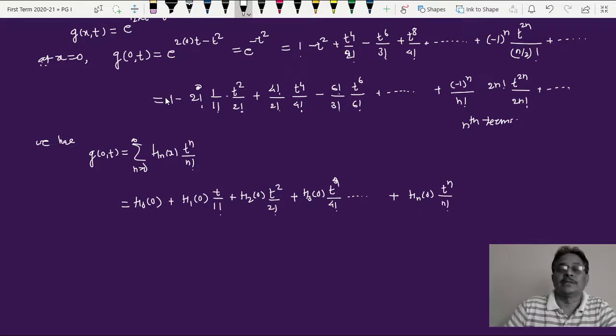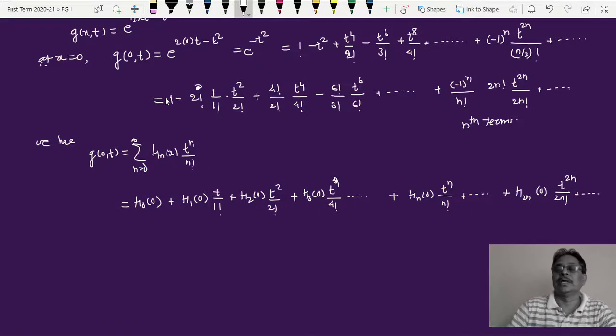The twice nth term will be H2n of 0 into t raised to twice n upon 2n factorial.